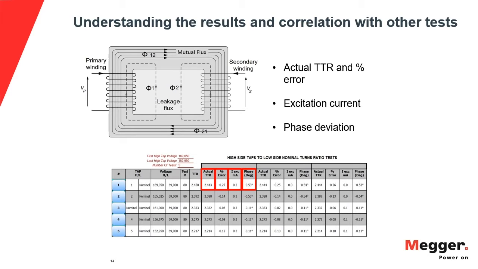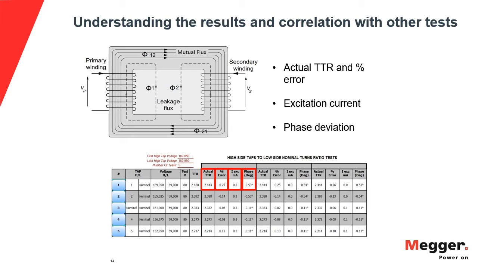Typically, if you're running an excitation current test, the industry standard is to run it at 10 kV if the rating of the transformer allows us to apply 10 kV.